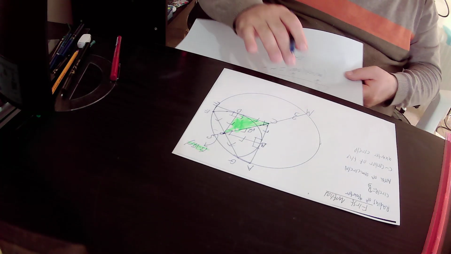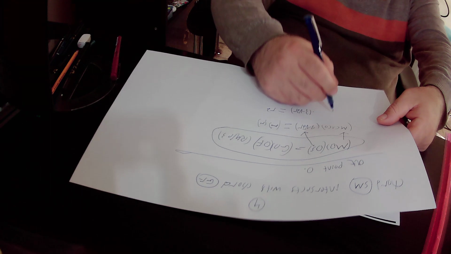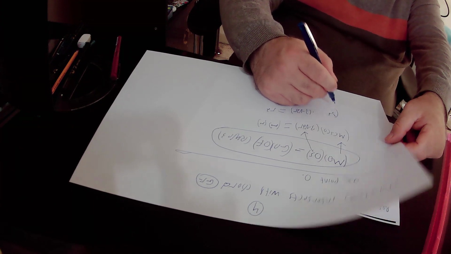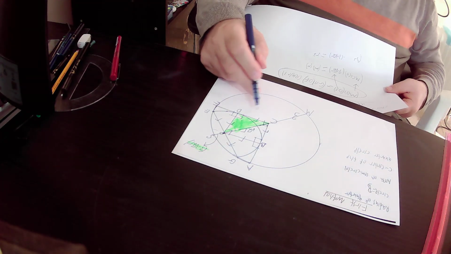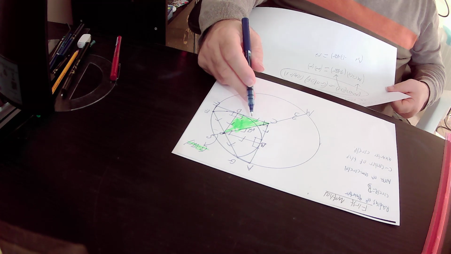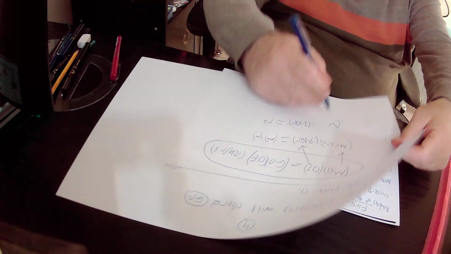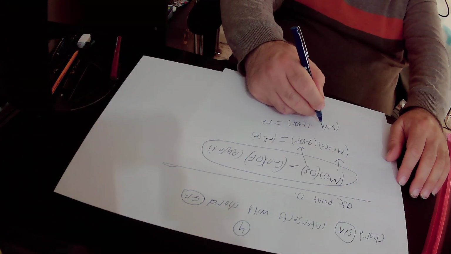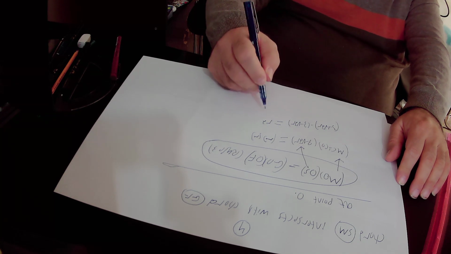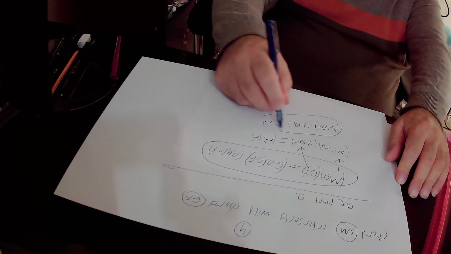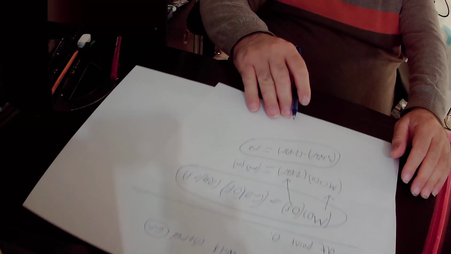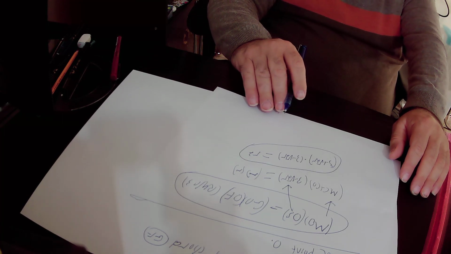MC equals 3 units, so we substitute MC by 3 plus CO. We have already found out that CO, the diagonal CO, equals square root of 2 times R. So in conclusion, we found out that 3 plus square root of 2R times 3 minus square root of 2R equals R squared.